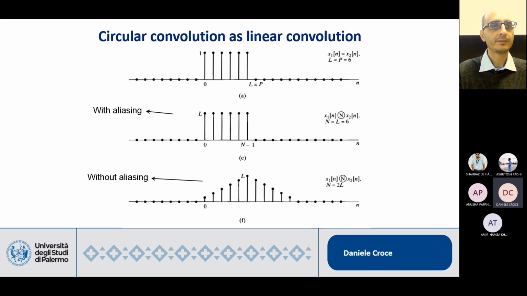Okay? It's not exactly Nyquist, because there is no frequency involved. Here it is just the length of the two sequences. It's not a matter of frequency, it's a matter of length.